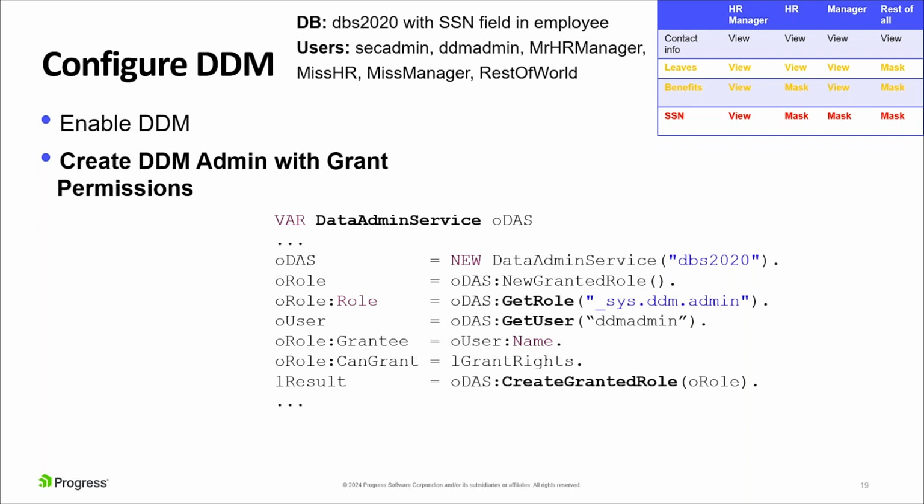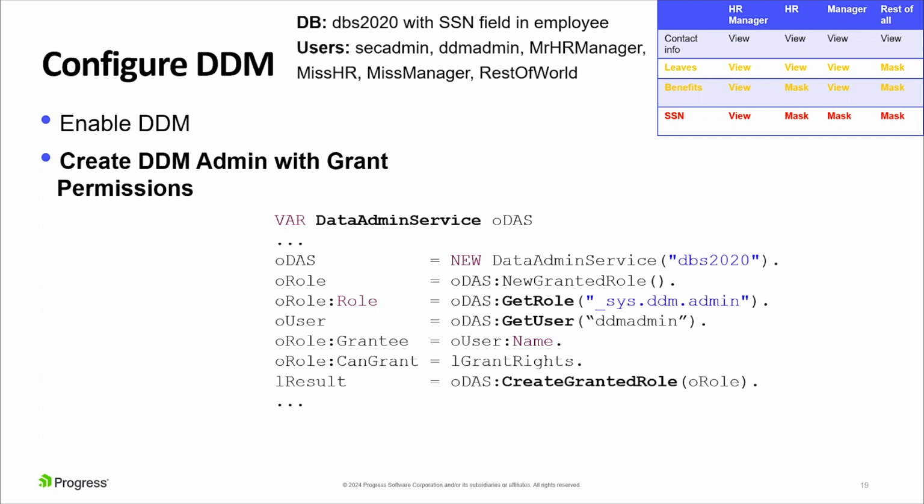So here we are saying, get role, which role? _sys.ddm.admin. Get user, which user? DDM admin. And then we are calling the API create grant role. What it is doing, it is granting the admin role to the user DDM admin.